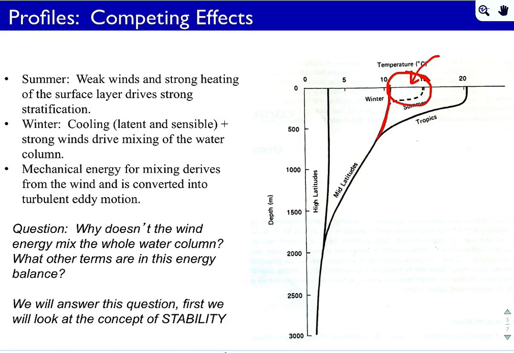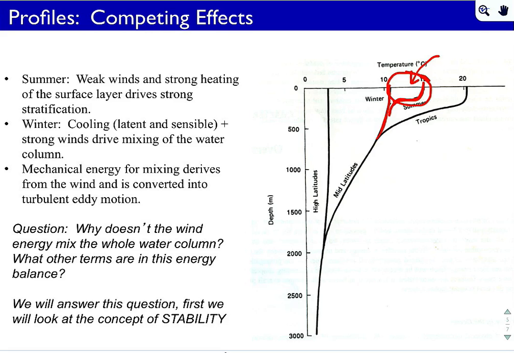And then once this following spring comes around and the winds start to get weaker again and the heating starts to increase, it will go back to its summer profile. This is an annual cycle in typical mid-latitude regions, including the Gulf of Maine. Cycle of winds, cycle of heat flux.